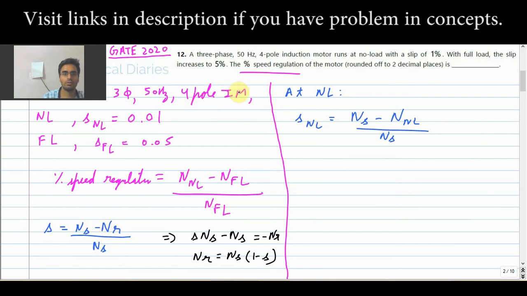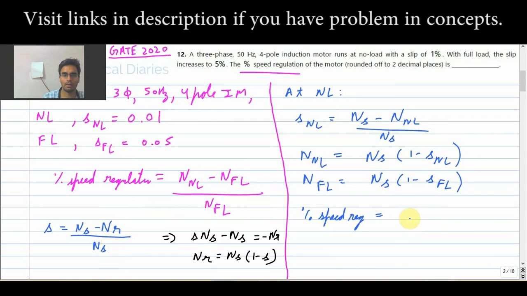So speed at no load can be written using the below formula, ns into (1 minus slip at no load). Similarly speed at full load can be written as ns into (1 minus slip at full load). Now you just have to put things in the speed regulation formula.